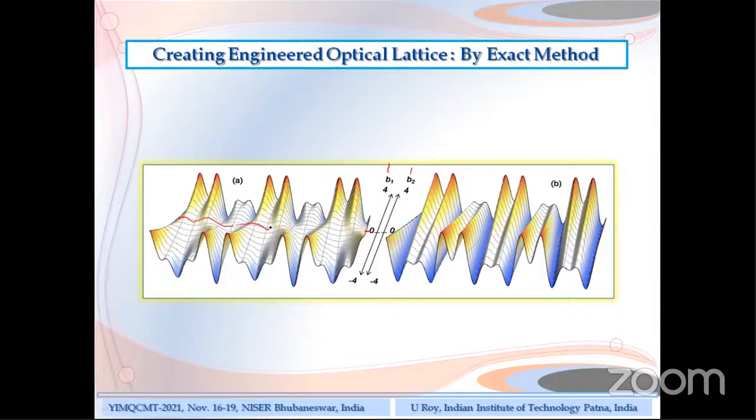When you have a larger beta, positive or negative, you get a disordered double well superlattice. So for positive values of B1 and B2, you get a disordered double well superlattice. So you have disorderness here, you have disorderness here. This is a completely new kind of lattice which can be generated if you couple two disordered lattices in this way.